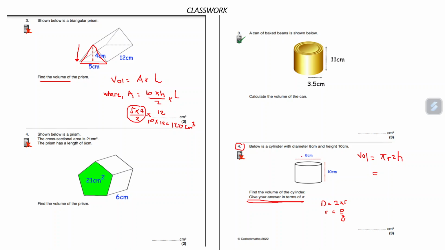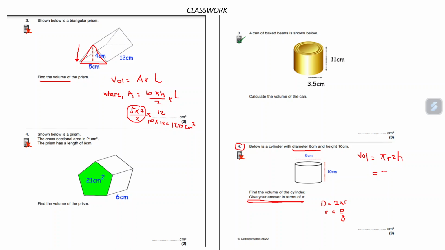So now, this question here, the formula is pi r square times height. Remember, we're given the diameter, which is 8 centimeter. And in the formula, we have radius here, and we don't have the diameter. So what we just need to do is divide the diameter by 2 to give you a radius.